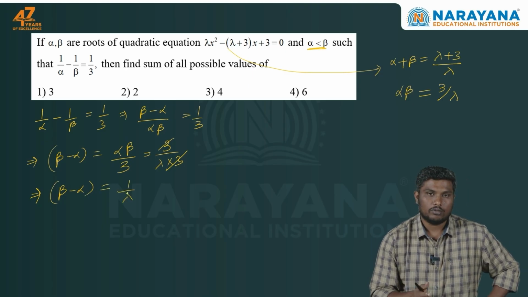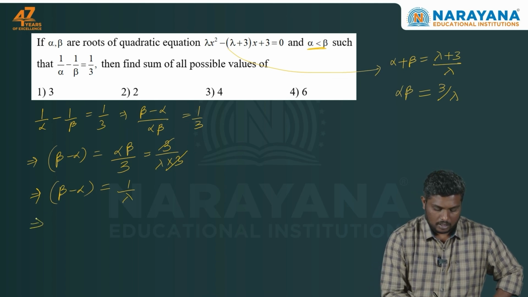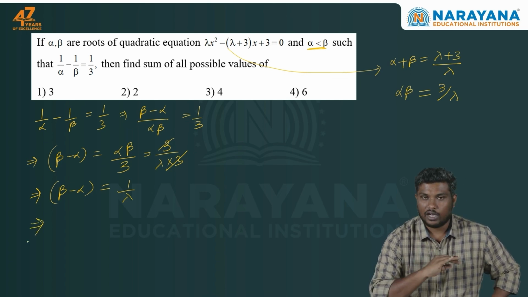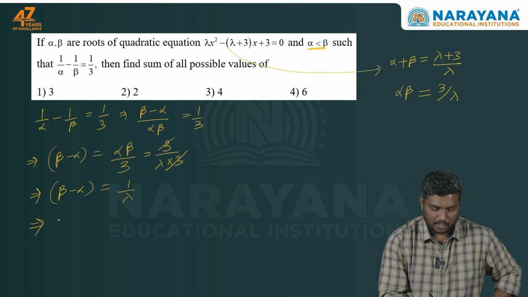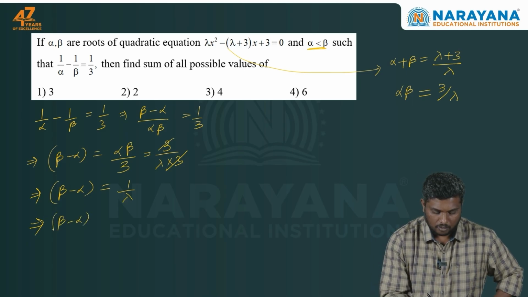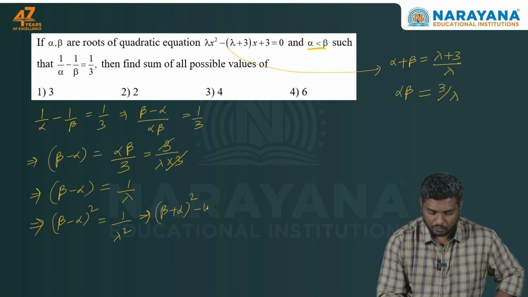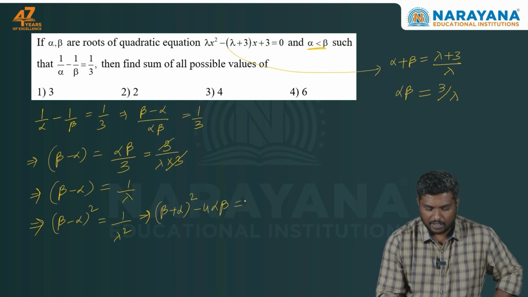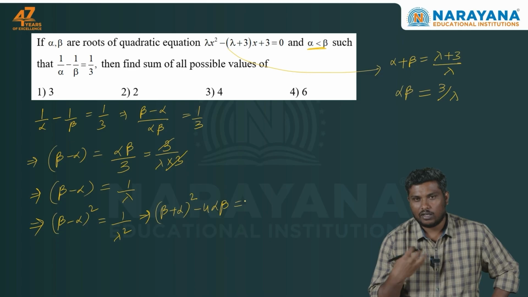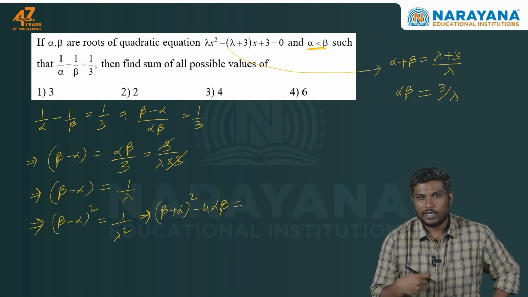Now what you are going to do is just squaring on both sides, because we have a relation between alpha plus beta and alpha minus beta, right? So beta minus alpha whole square is equal to 1 by lambda whole square. What is beta minus alpha whole square? Beta plus alpha whole square minus 4 alpha beta. Once again, these are the kind of formulas which all the teachers ask you to repeatedly remember.